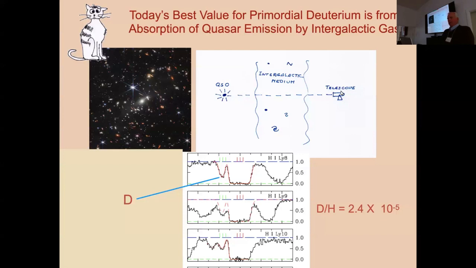And when you look at it, you see deuterium. The deuterium absorption line is very close to the hydrogen line. This is pure hydrogen, but there's so much hydrogen that it's what we call saturated. You can't measure it. It just blacks everything out. This goes down to 0. But you can measure the deuterium, and that's where you get this 2 × 10⁻⁵ density.